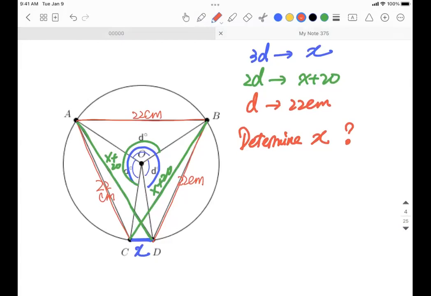I'll give you one minute. Think about it. How can I use some easy peasy equation to figure out the value of X?